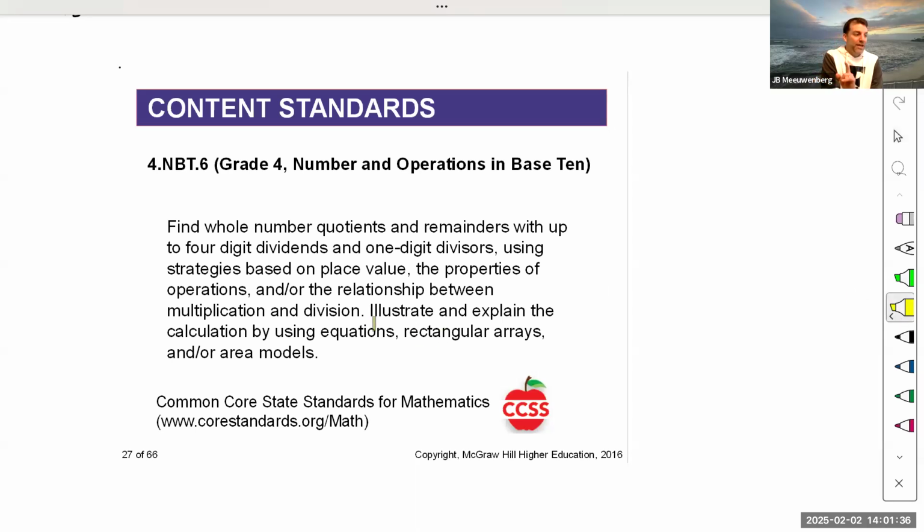They need to be able to illustrate and explain the calculation by using equations, rectangular arrays, and/or area models. The things that we're just doing now, they need to be able to explain that, do it like we just did it, and explain why they work. That's some pretty deep, high level thinking, right? Because this isn't necessarily easy, but that really gets down to the deep understanding of it, okay?